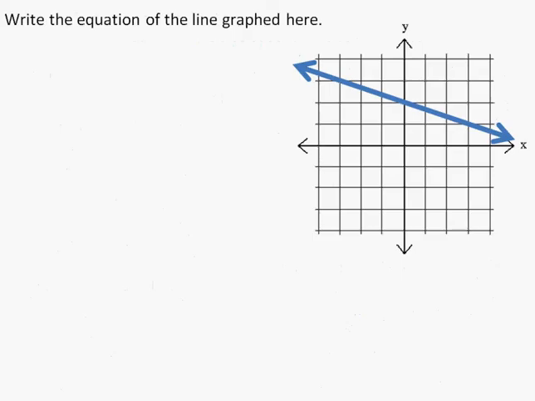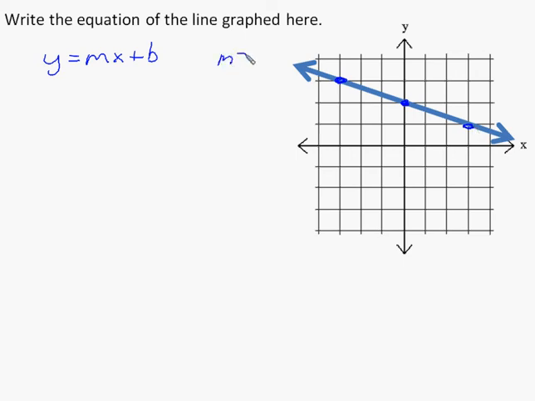All right, looking at our next one, we have a graph of a line. Having a graph of a line, usually it's going to be easiest to use slope-intercept form, especially if we know where the graph crosses the y-axis, and we do, because that's our y-intercept. So here we can just start with y equals mx plus b, and we want to plug in our slope. For slope, we can really count this off. We have 3 points that hit a lattice point, and slope is rise over run.